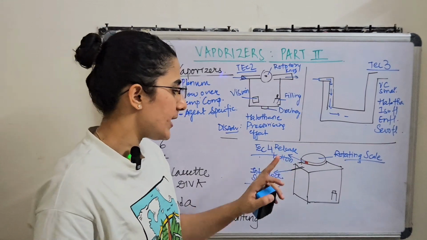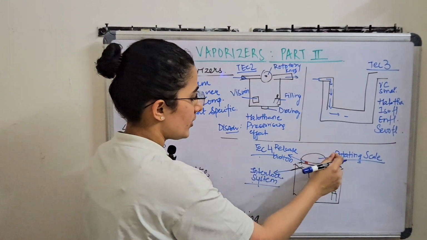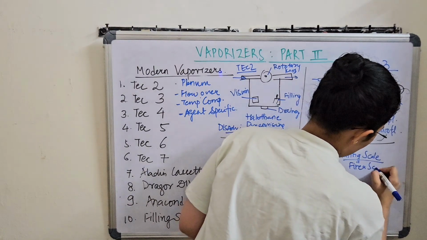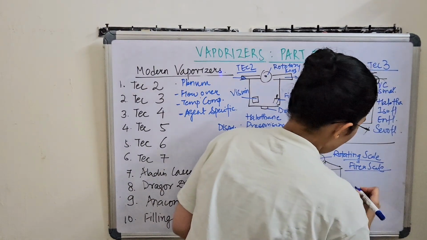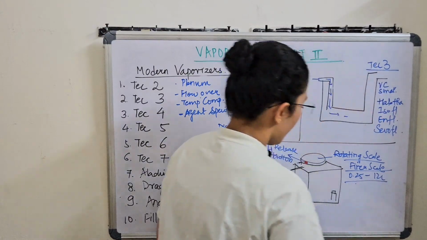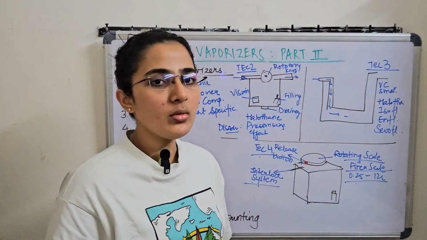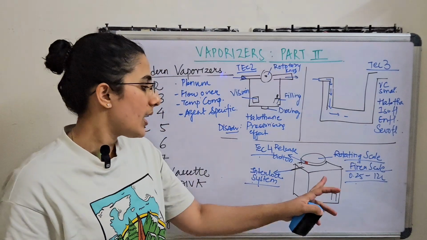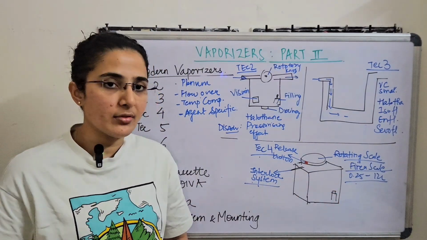It contains a release button. The dial is also present with finer scales. Okay, and it can carry flows of up to 0.25 to 12 liters. So this is also a temperature compensated plenum, variable bypass, and it is also agent specific.